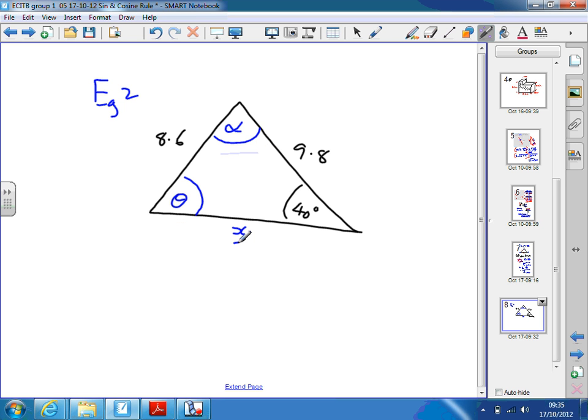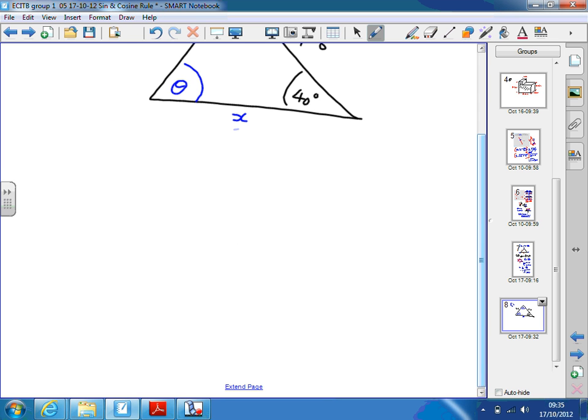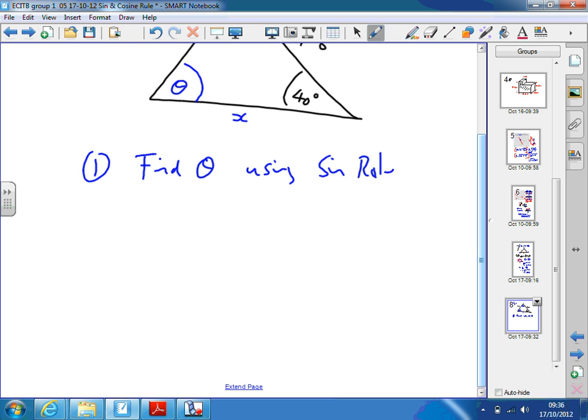So the first step, to find these things: number one, find theta using the sine rule, like our plan. Two, find alpha, because all angles add up to 180 degrees in a triangle.